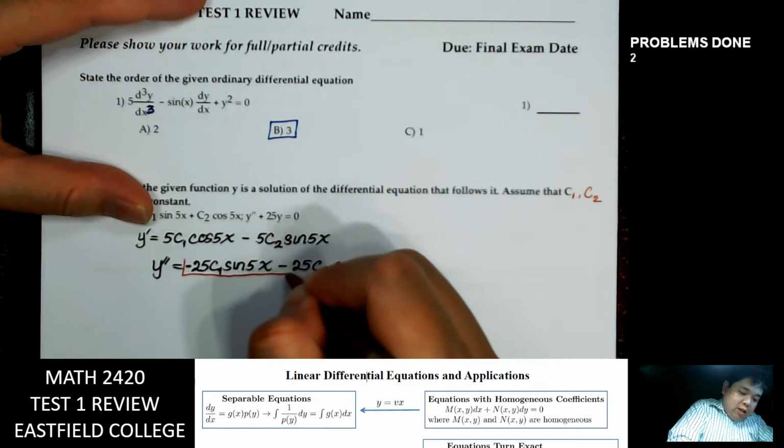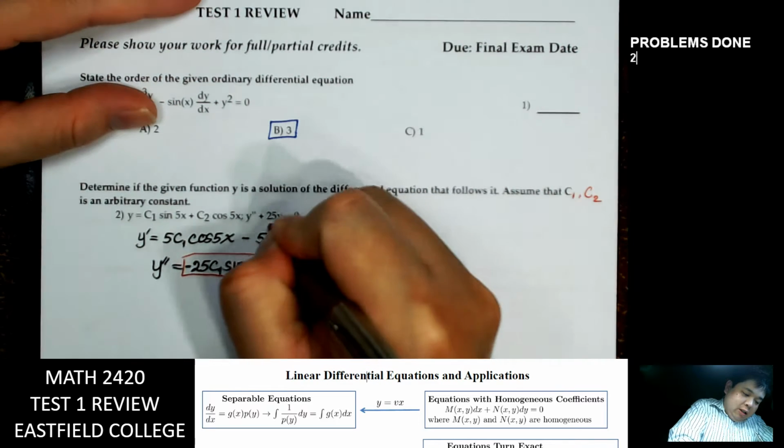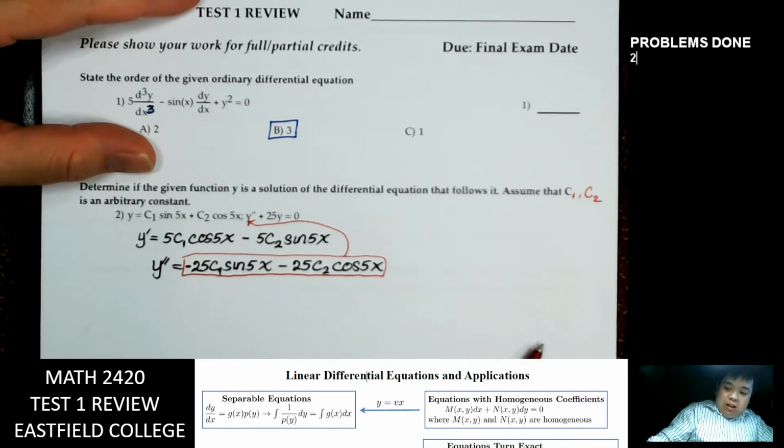We'll put this second derivative into that, and then the original function into y.